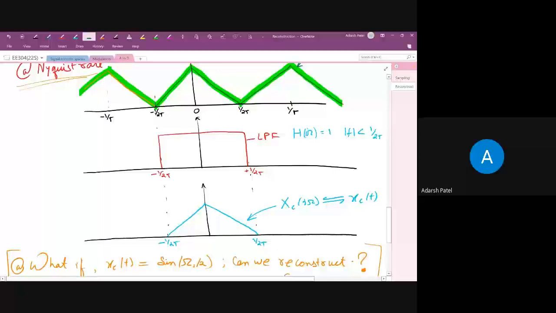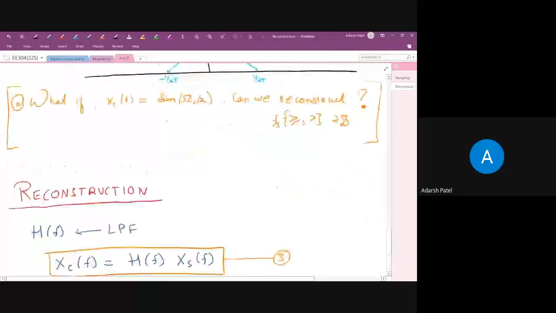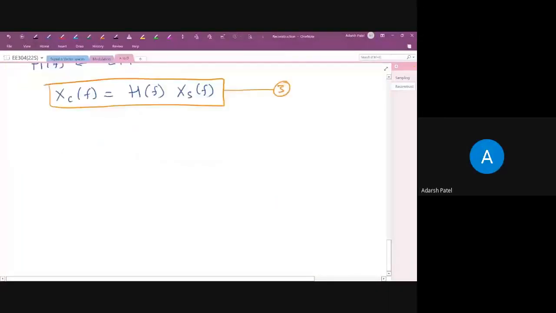Now, to go back to the time domain given equation number 3, we have to convolve xs(t) with h(t), where h(t) is the inverse Fourier transform of capital H(f).